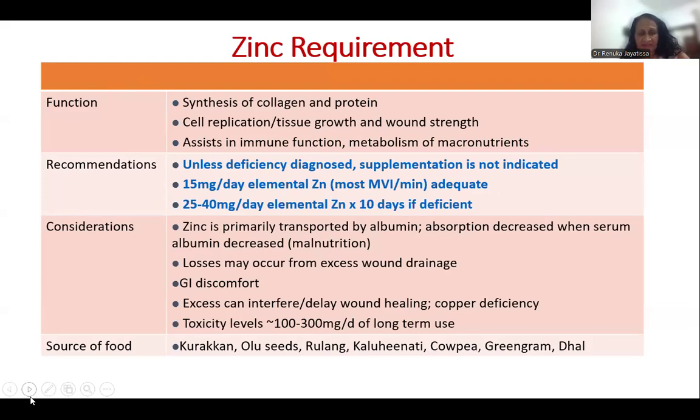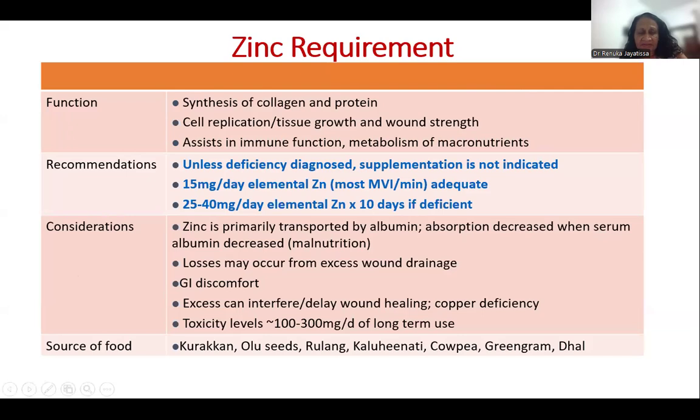At the same time, whenever we give too much zinc, the excess zinc can cause a copper deficiency, which will delay wound healing. That's another component you have to think about.